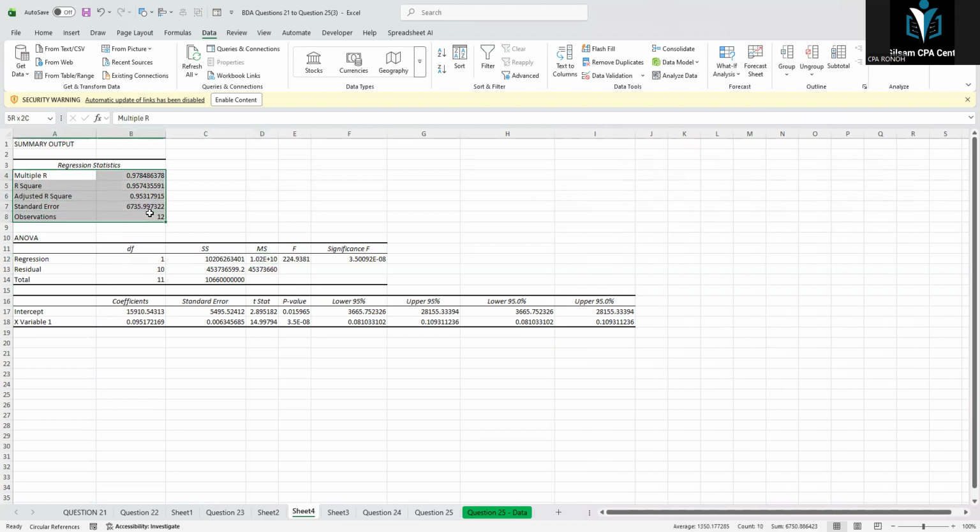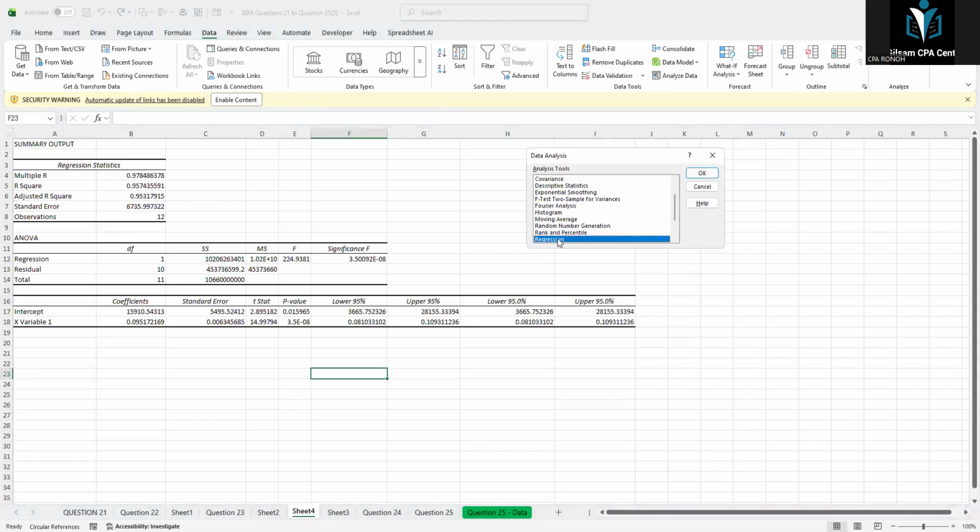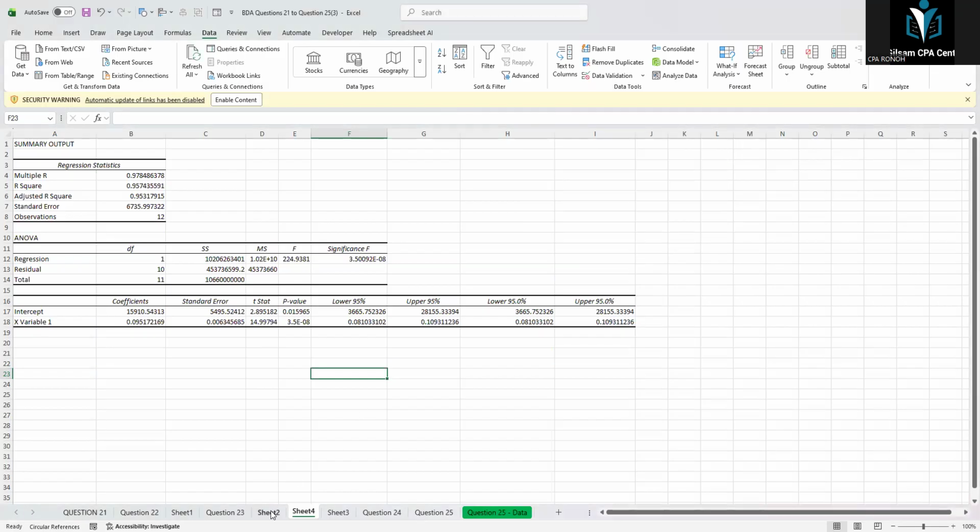Also the observations. So this is the regression statistics. In the exam, we just need to remember where to get that. It is data analysis, select regression, and then select the data. It will pop up.